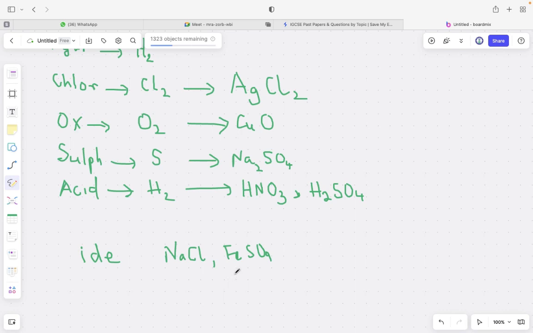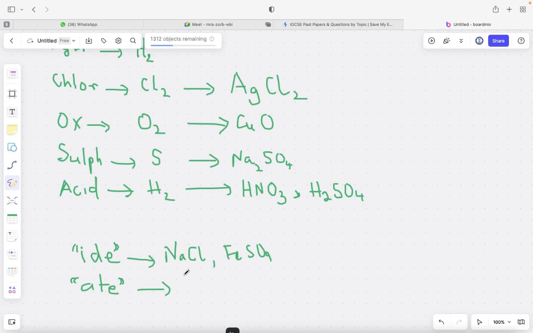Is that okay? Now, when the name of the compound ends with ATE, like sulfate, what can we say about that?